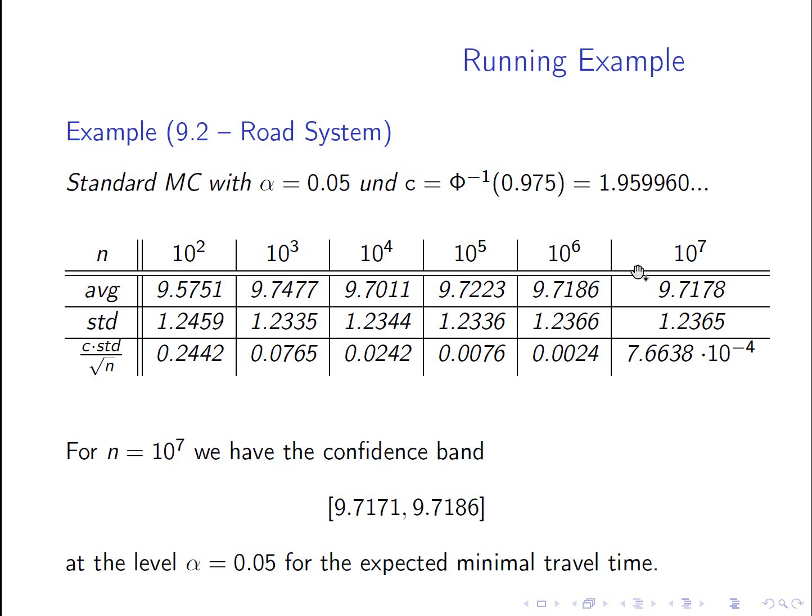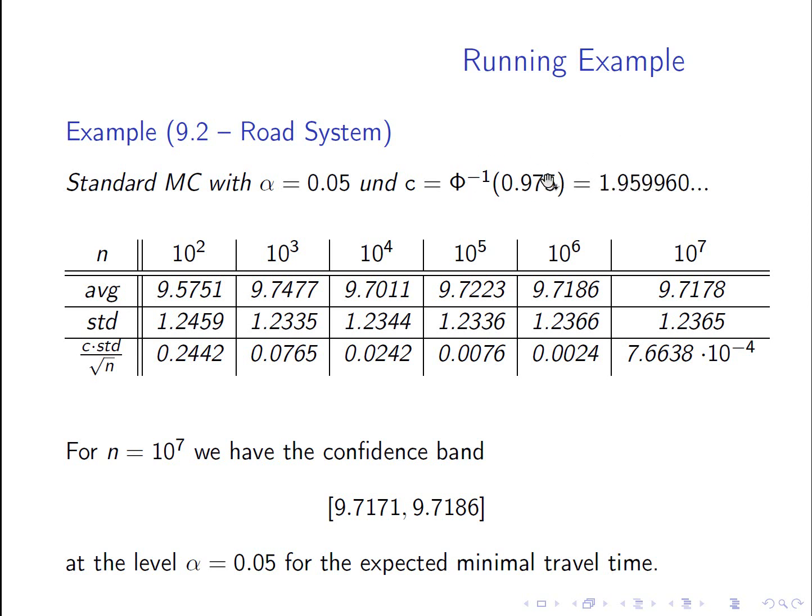Okay, but now we are computing confidence bands, so we are taking alpha equal to 0.05. So we have to know what is the inverse distribution function of the standard normal distribution at the value 0.975, and this is approximately 1.96.